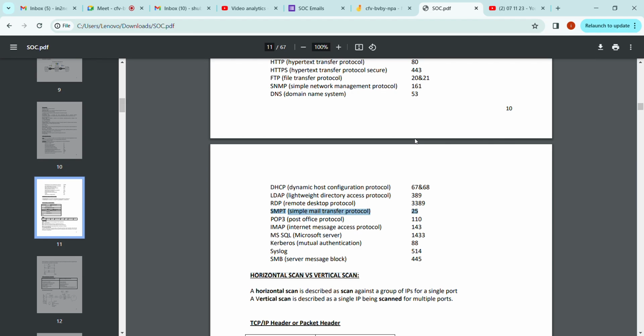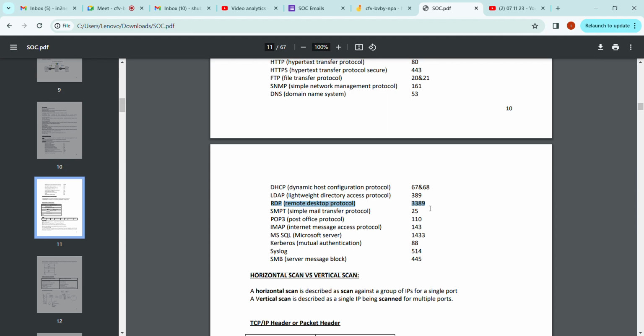If the tasks are not performed on a regular basis, then those ports need to be disabled. For example, RDP is remote desktop. If you want to connect to a remote desktop, this is the port which enables that service.